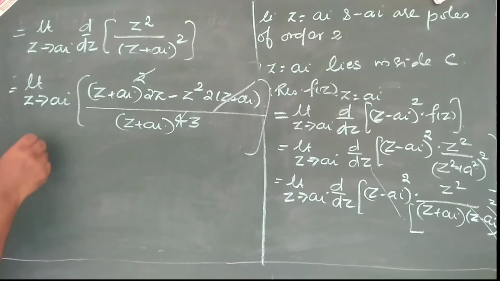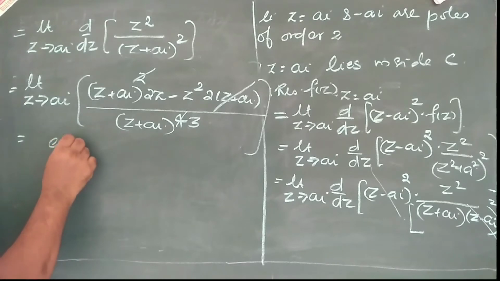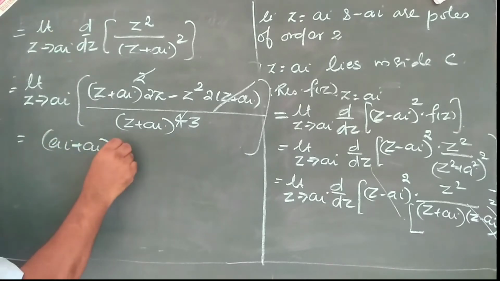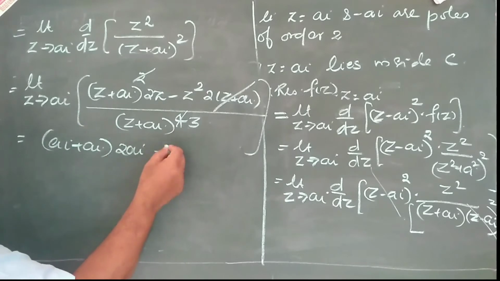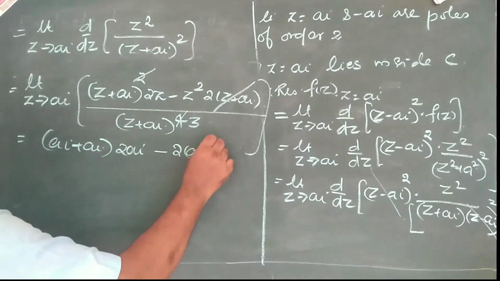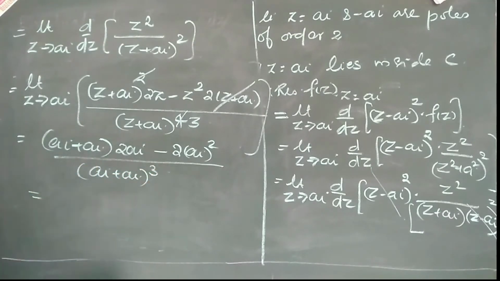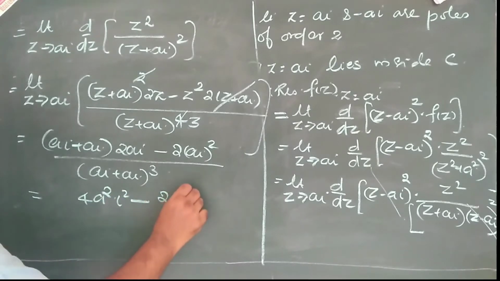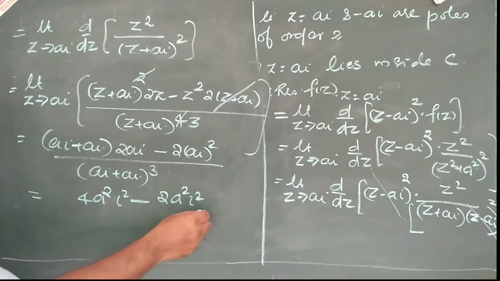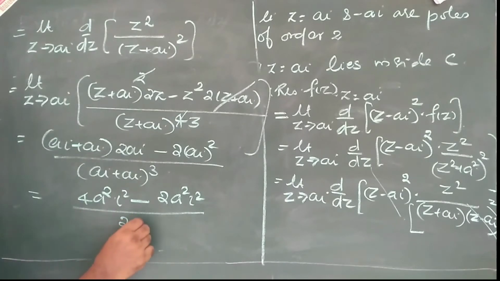So that is equal to ai plus ai, 2ai minus 2 into ai the whole square, whole divided by ai plus ai the whole cube. So that is equal to 4a square i square minus 2a square i square, whole divided by 2ai the whole cube.